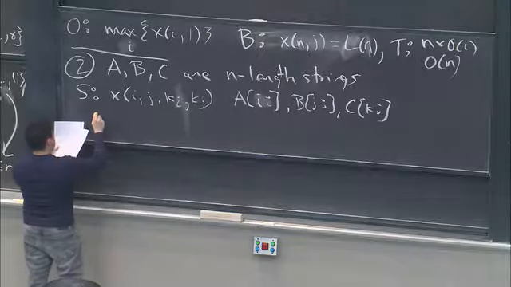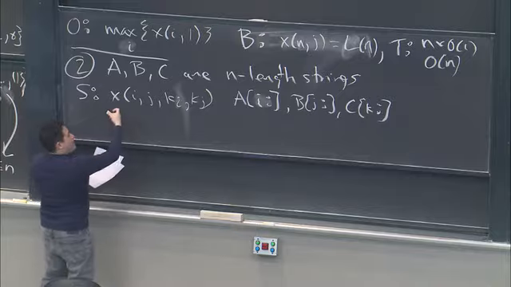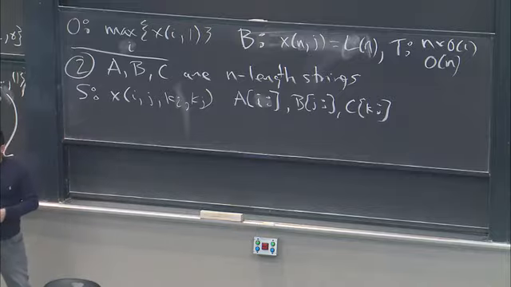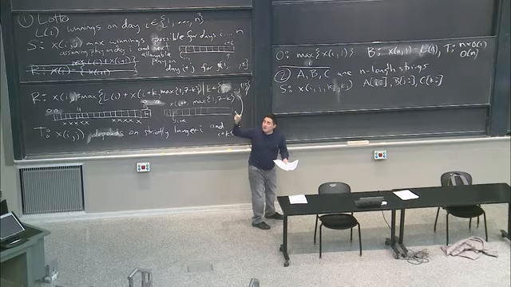Well, okay. So what kind of output do I want to my subproblem? I just want to know if it's possible or not. So this is going to be a Boolean, right?